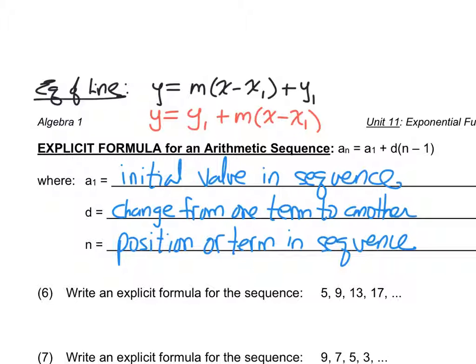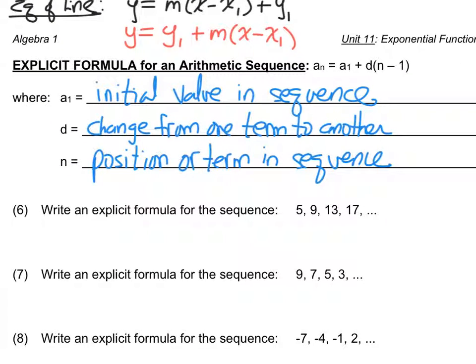So when it comes to actually writing an equation, I just need these 3 values. Once I have these 3 values, I have my explicit formula. So very easy to identify. If they give you the sequence, the a sub 1 value. The d value, again, is the change from one term to another.